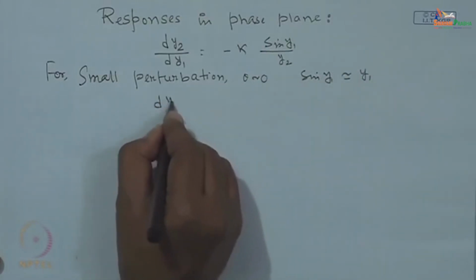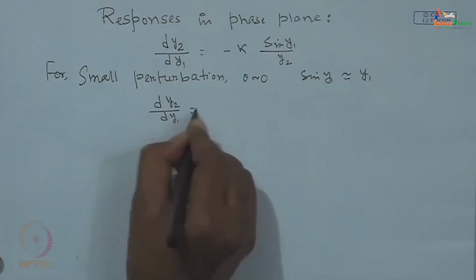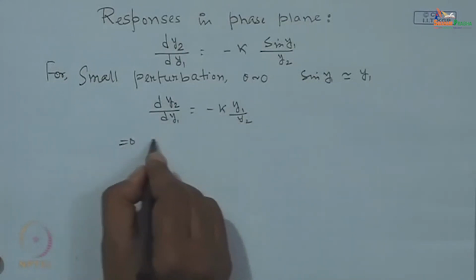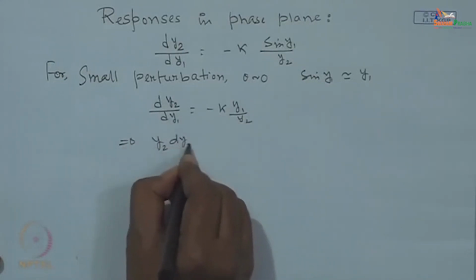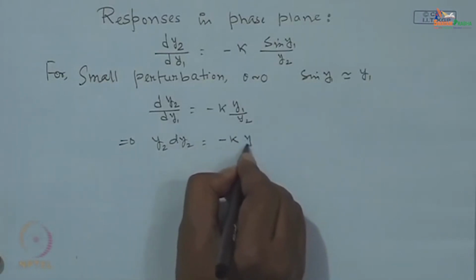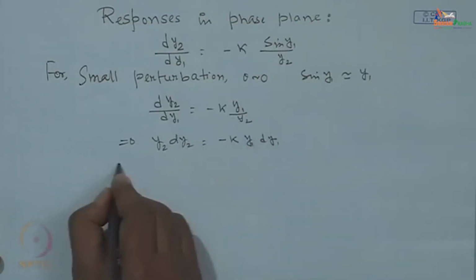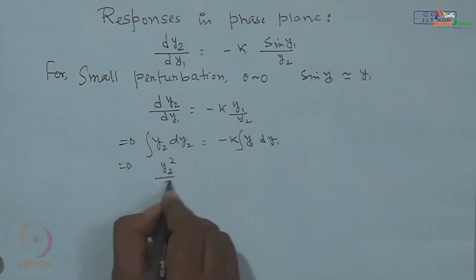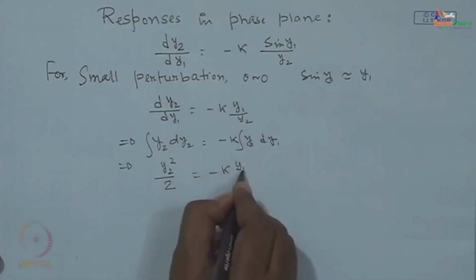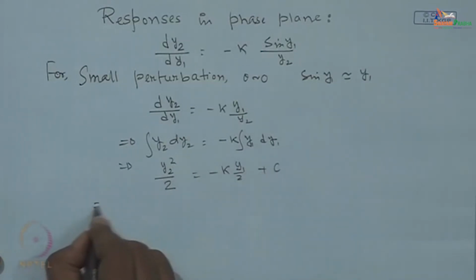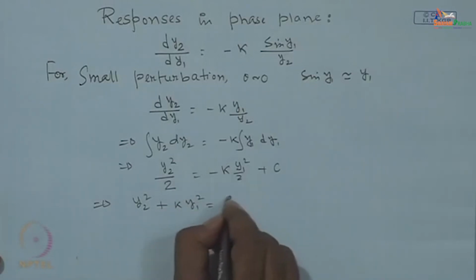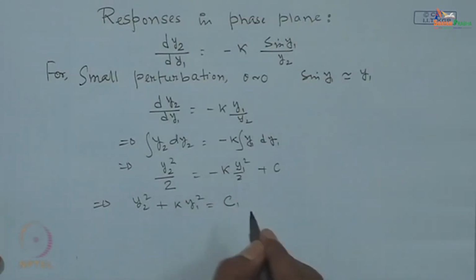So, we will have dy2 dy1 is equal to minus k y1 by y2. So, it will be y2 dy2 is equal to minus k y1 dy1. We can integrate it out. What you will get is y2 square by 2 is equal to minus k y1 square by 2 plus c. So, you will get y2 square plus k y1 square is equal to some constant c, a new constant.